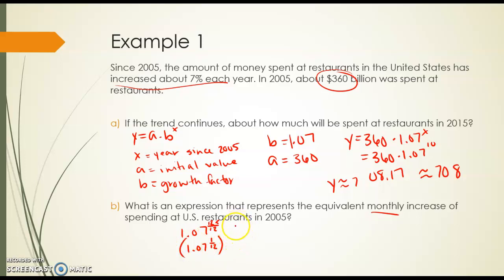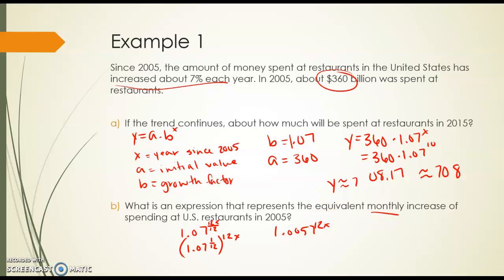And then we're going to pull the 12x to the outside. We call this factoring. I'm just going to bring the x to the outside of everything. And so now we're going to find the 12th root of 1.07. When we find that 12th root, we're going to end up with 1.0057 to the 12x.